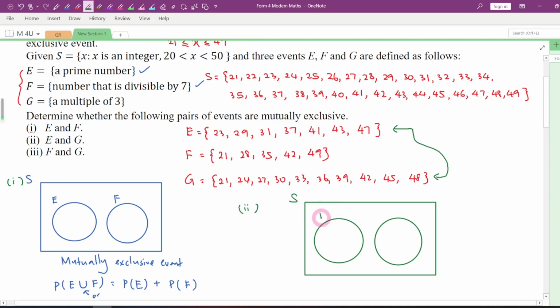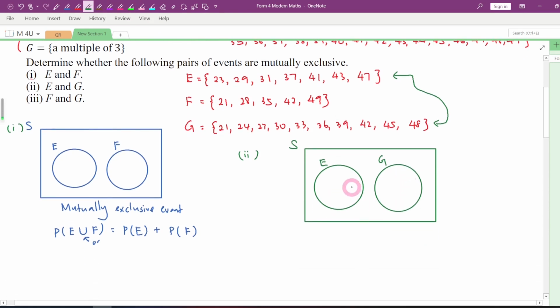And this is E, and this is G. Same thing over here. Since this E and G do not have any common element, therefore the E and G do not have any overlapping area. So we say that E and G, they are mutually exclusive event.